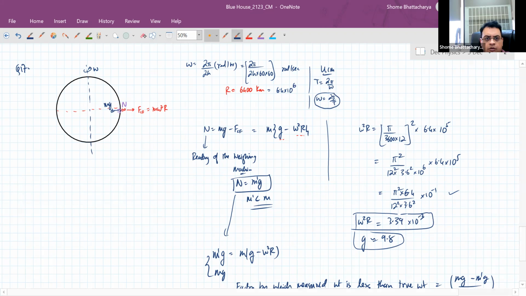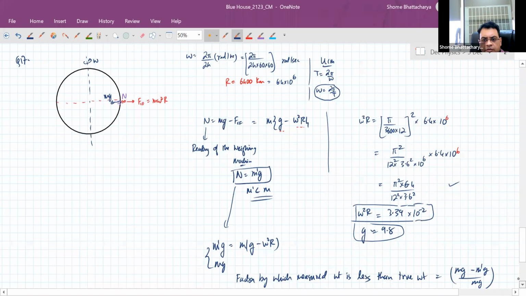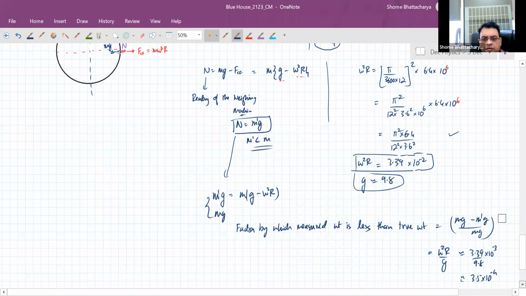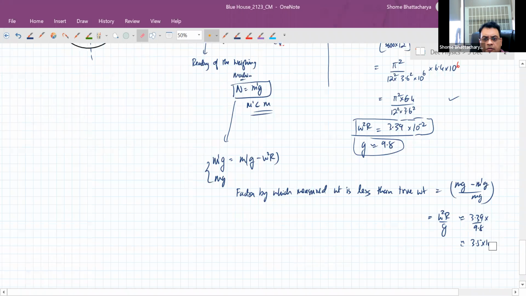Okay. Good. So now just make this correction here. This factor will just cancel out. You get this as 10 raised power minus 2 now, no? Right.